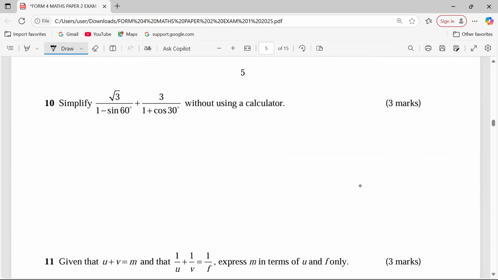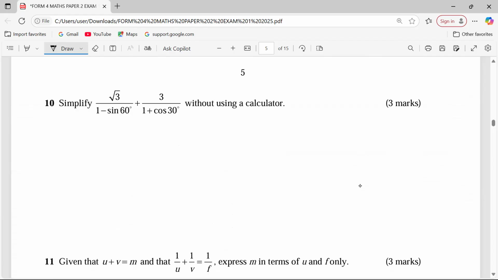At number 10, simplify the root of 3 out of 1 minus sine 60 plus 3 divided by 1 plus the cosine of 30. Am I supposed to first conclude something here? Because we are going to apply surds and trigonometry for special angles.